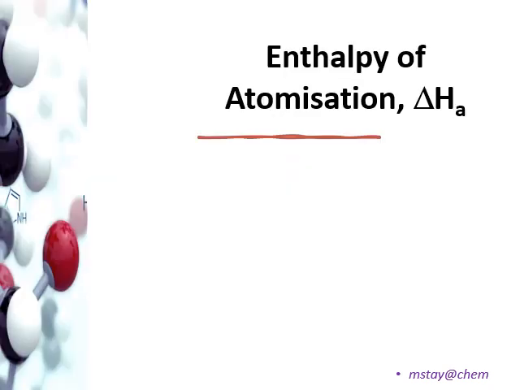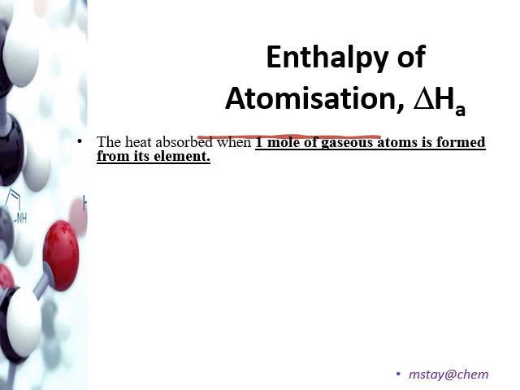Next is the enthalpy of atomization. So let's look here. The heat change when 1 mole of gaseous atom is formed from its element. So the gaseous atom is the product, while the element is the reactant.